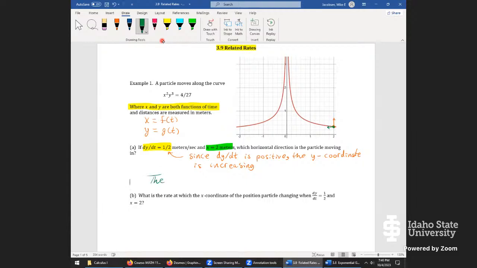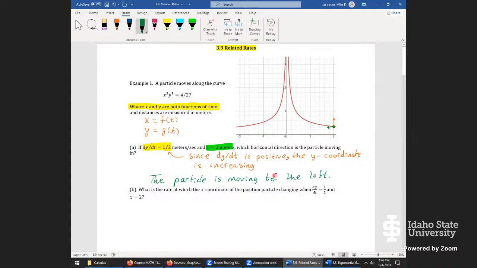The particle is moving to the left. If this coordinate was negative instead, the arrow here in orange would have been pointing down, and that means the dot is moving to the right in that other direction. Definitely kind of weird, but we're going to be practicing this more and more as we get through these notes. It already came up once in section 3.8. Any questions at all about that assessment there?